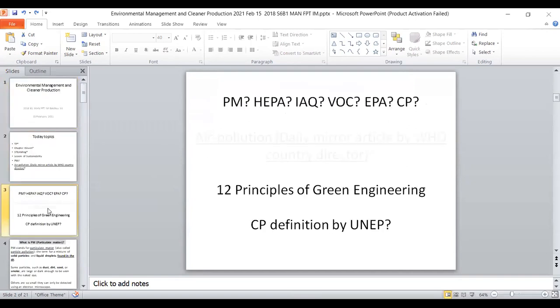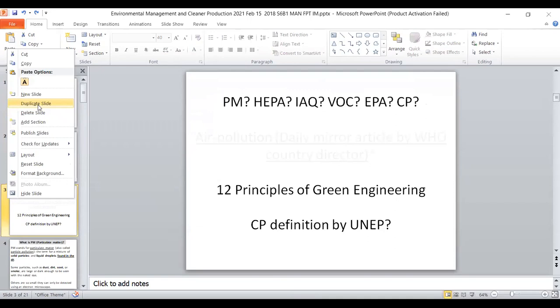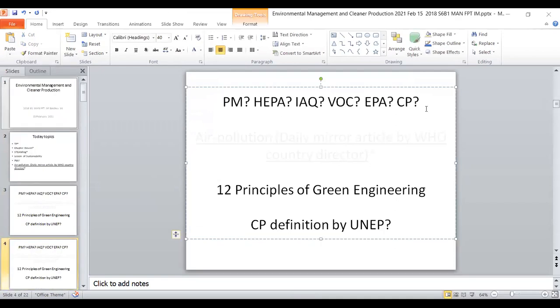PM, okay. PM in environment means particulate matter.